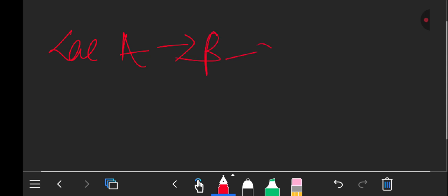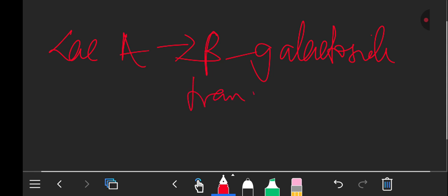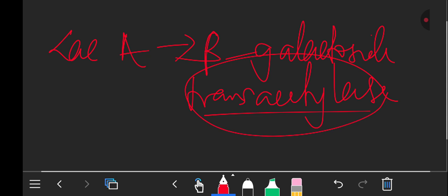Now, this lac A also produces an enzyme which is known as beta galactoside transacetylase. Okay. Now, this is not much of our importance at this stage.